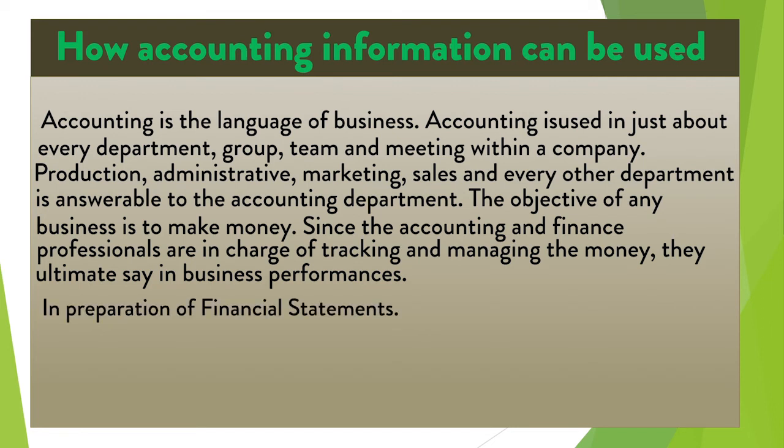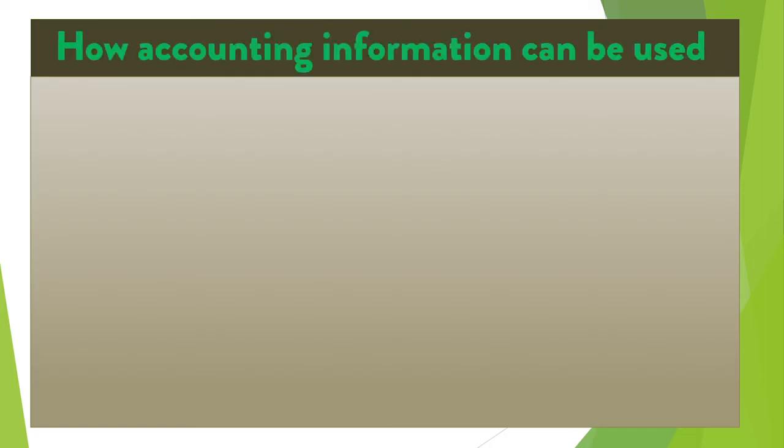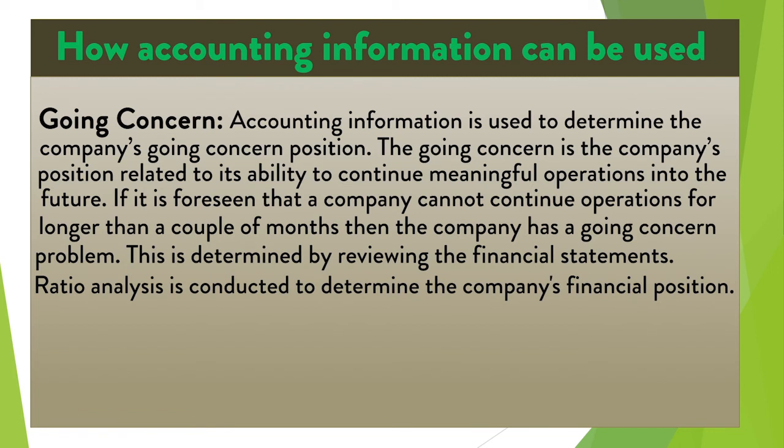In the preparation of financial statements, we'll still require accounting information. Accounting information can as well be used to evaluate the going concern of a business or a company. Accounting information is used to determine the company's going concern position. The going concern is the company's position related to its ability to continue meaningful operations into the future.